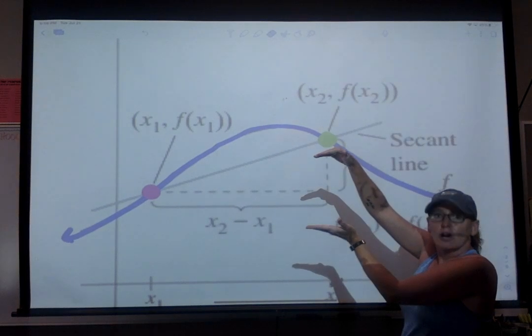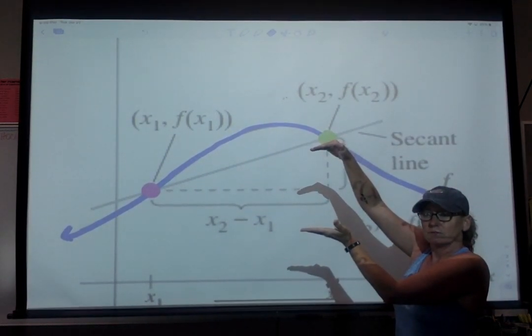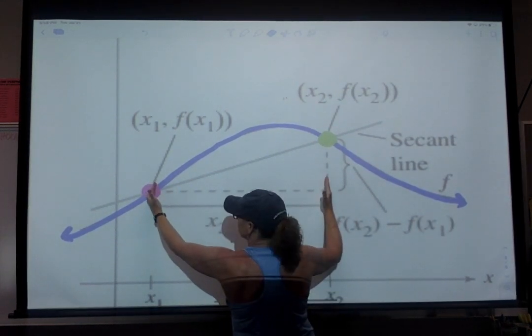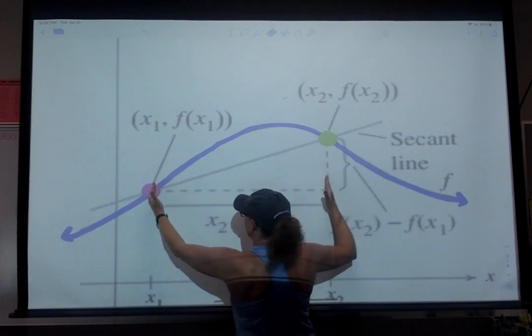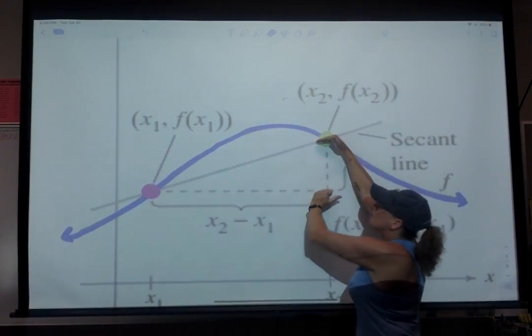Not here to here, but from here to here. So the blue function went up that much.